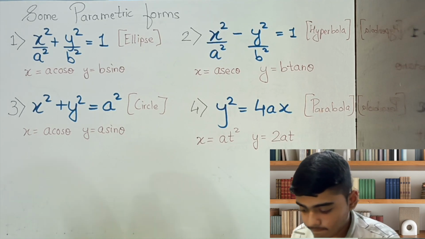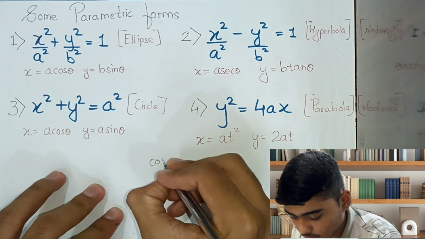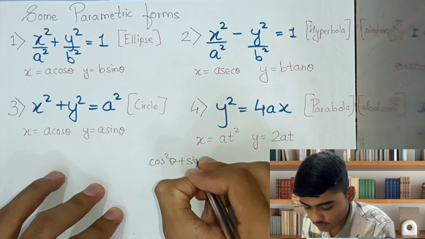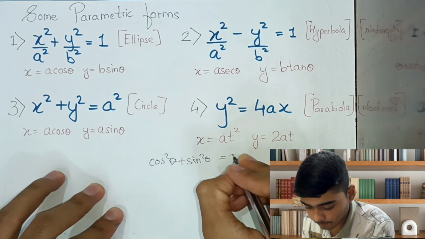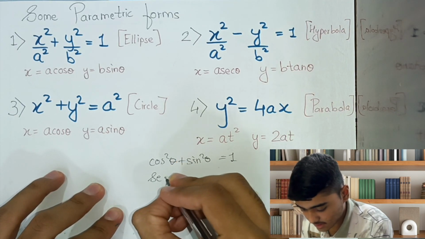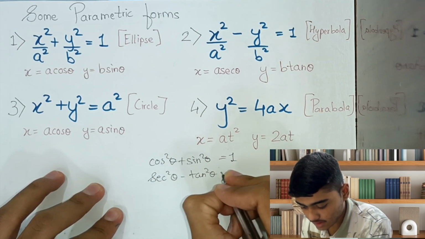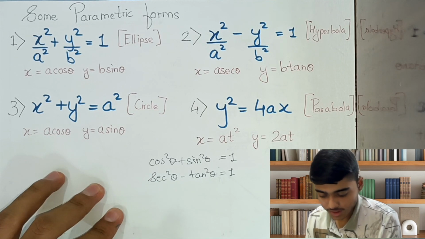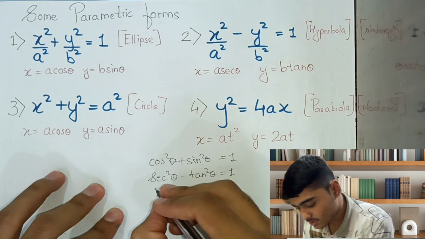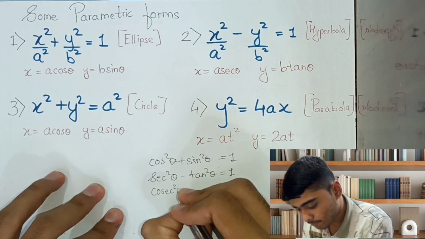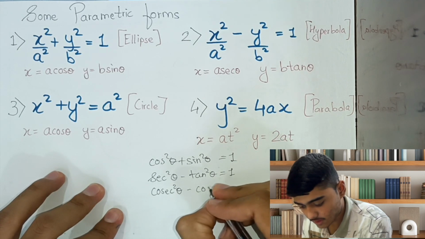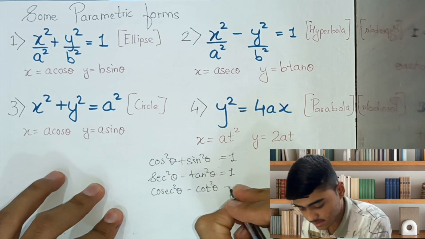So what are they? The first one is cos square theta plus sin square theta is 1. Second one is sec square theta minus tan square theta is 1. And there's one more identity, which is cosec square theta minus cot square theta is equal to 1.